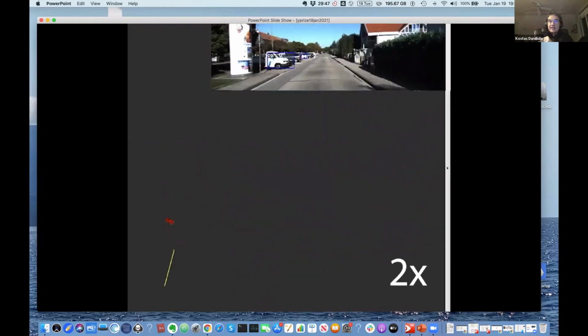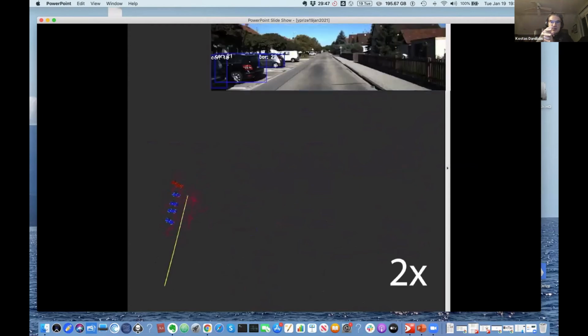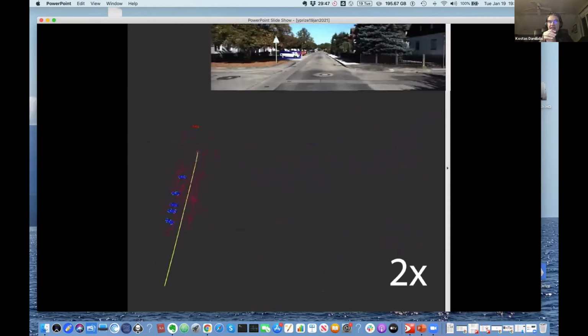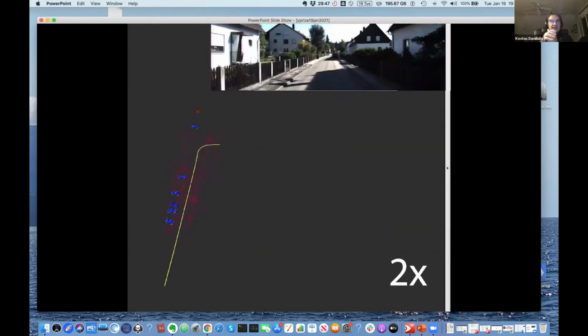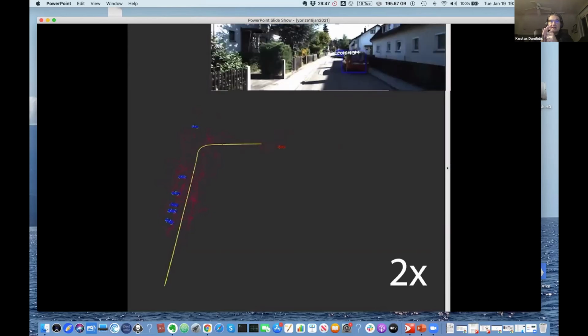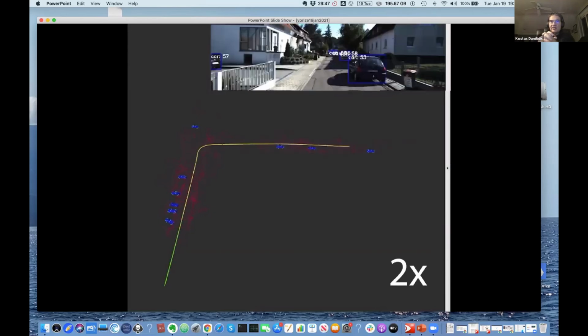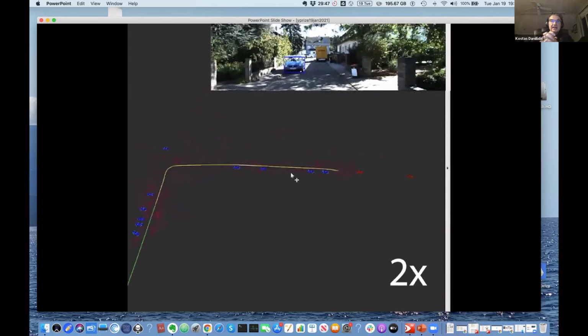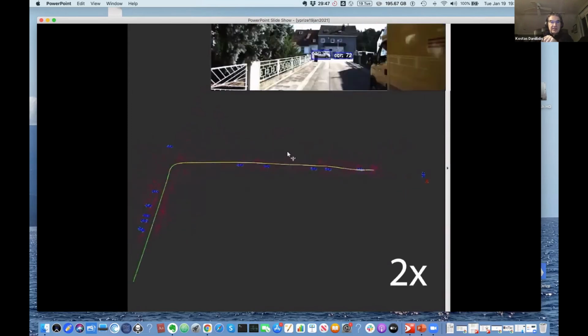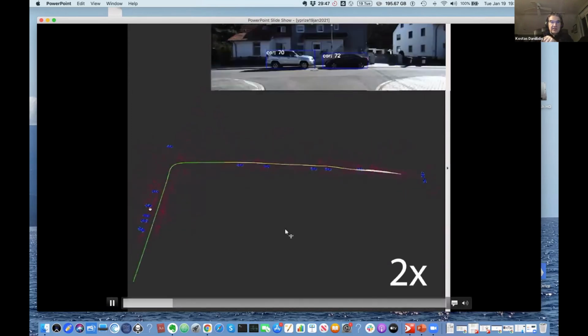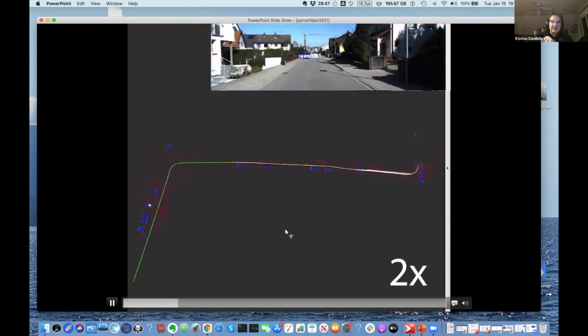So here is an example from a sequence from outside. This is a camera mounted on a car, and the objects that are recognized here are only cars. You see we first show the box around the car, and on the bottom you see all the semantic key points of the cars and the orientation of the cars.